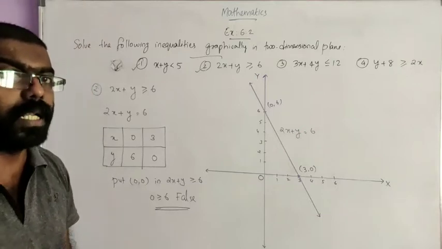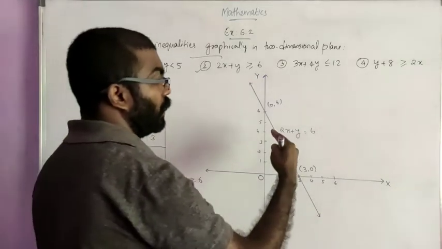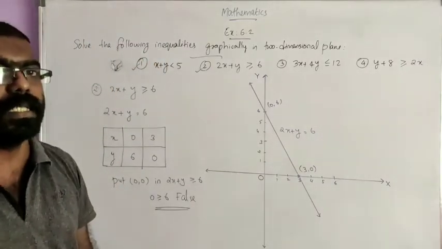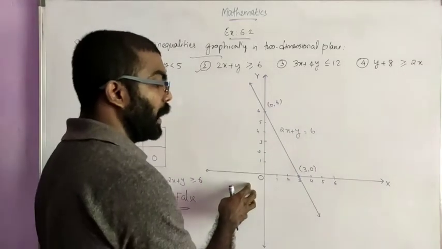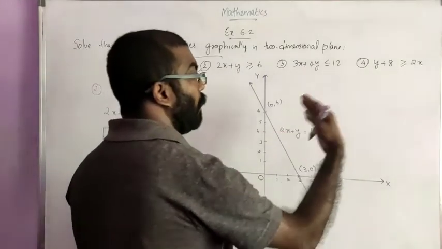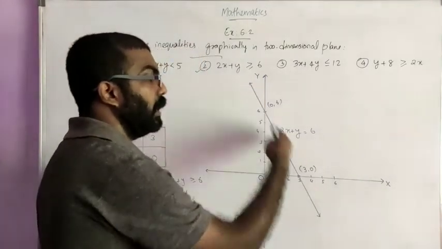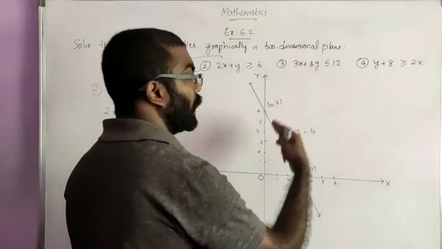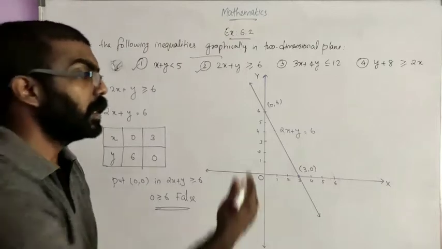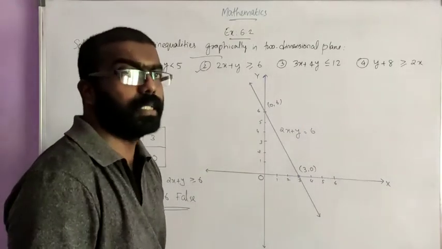Okay, so clearly we can conclude the upper half plane will be the solution region. Here the lower half plane contains the point 0, 0. What we can conclude? The upper part of the line, or the right part of the line, will be the solution region. That region we have to shade.